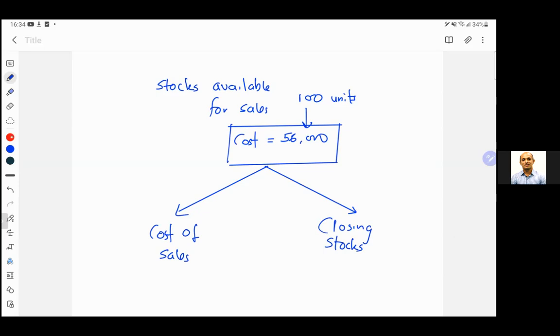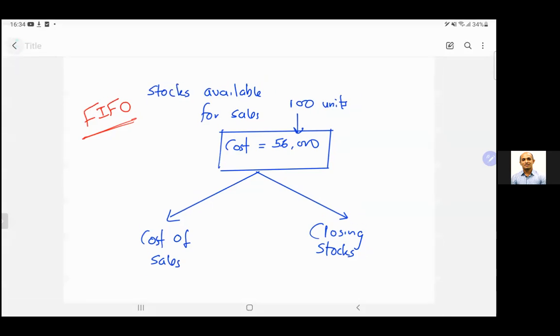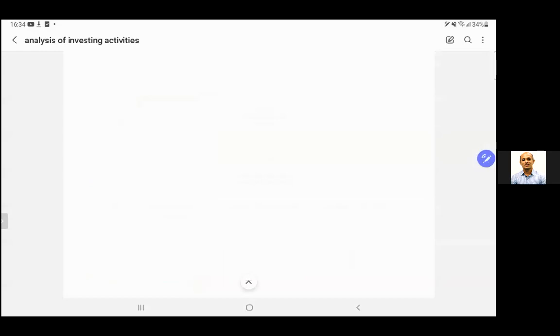Now let's say in this situation you are following the FIFO method. How much is the closing stock value? You see the question again.